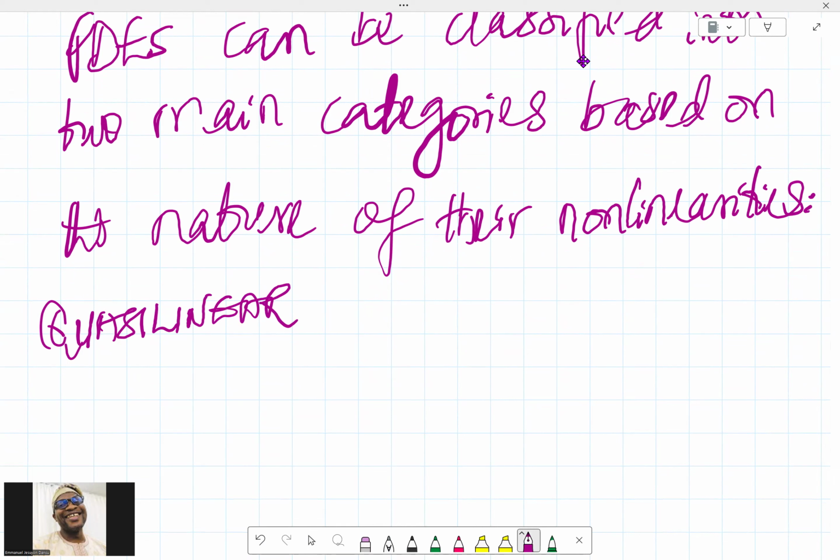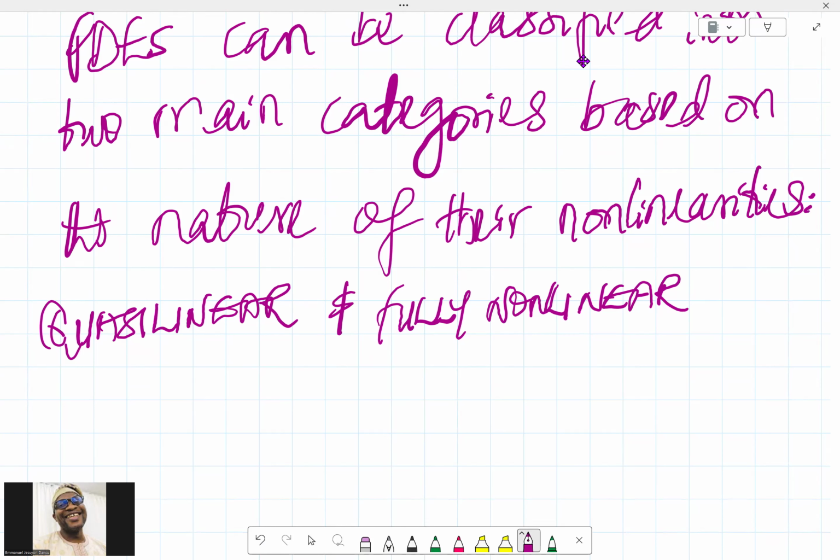In that case, we can have them be either quasi-linear, where quasi is like almost linear or behaving like linear, or fully non-linear. We can contrast quasi-linear with fully nonlinear PDEs.